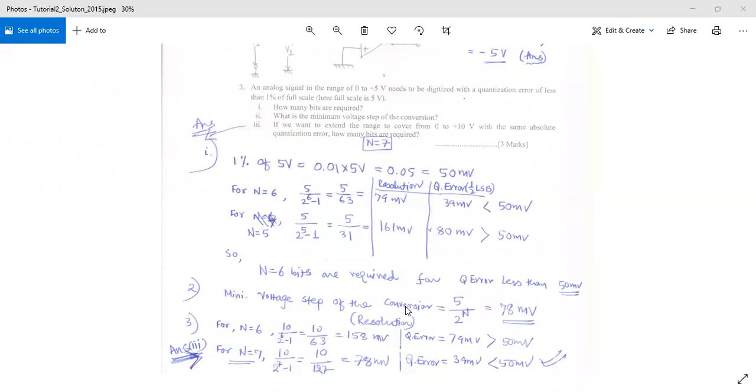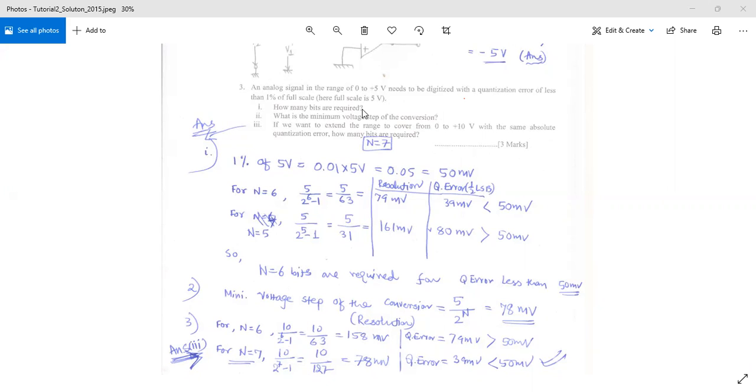So in part 3, the quantization error is based on the VREF, right? No. See, it says we need the absolute quantization error, with the same absolute quantization error. When we are dealing with absolute quantization error, we are not dealing with the percentage. We are basically dealing with the value. So for part 1, we had the 1% full scale value, which was 50 millivolt.